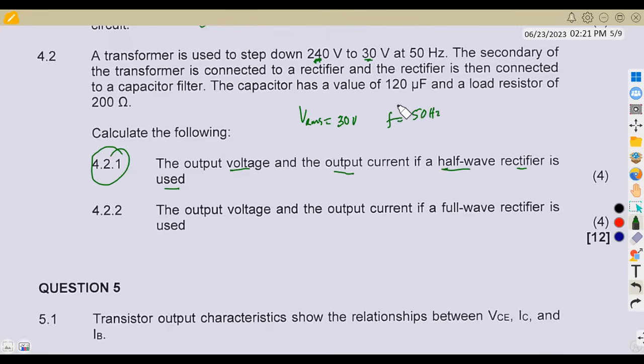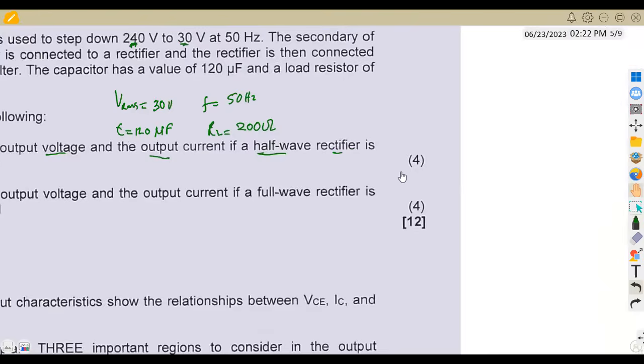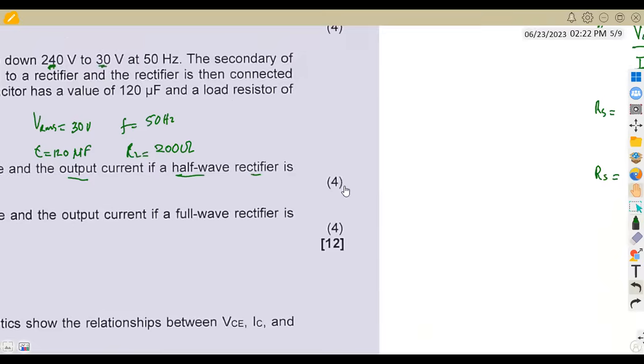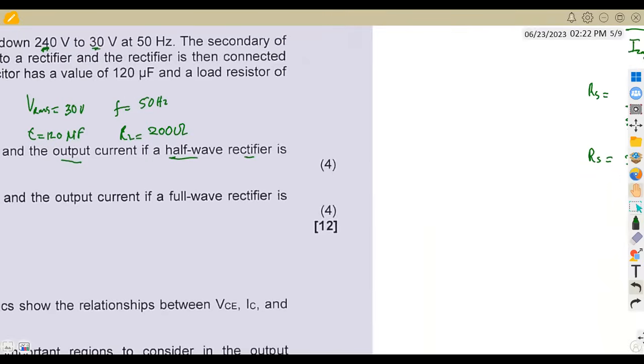Then we have got the capacitor value of 120 microfarad with a load resistor in this case of 200 ohms. So this is what we have. How can we calculate the output voltage? That is the first thing, as a half-wave rectifier.